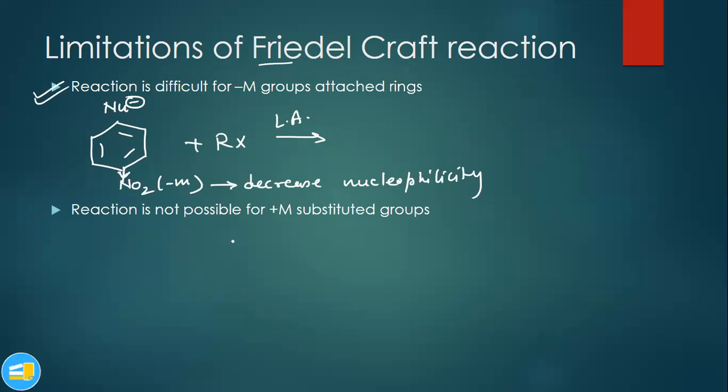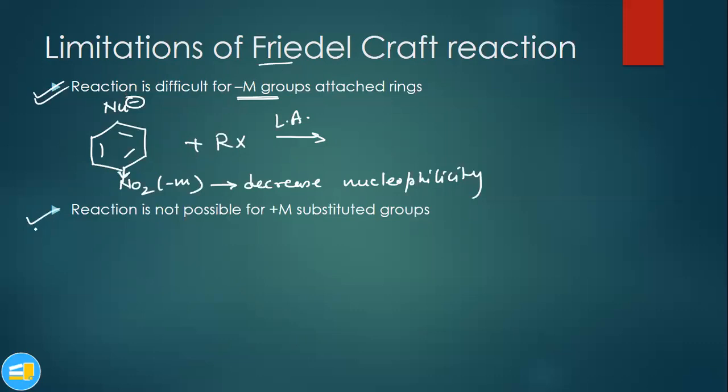Because this reaction is already not very fast, the aromatic ring is already aromatic, and the minus M group is pulling electron density away from the ring, which will not let the ring attack the electrophilic center. So in the presence of some minus M groups, the reactivity of the ring decreases and the reaction becomes difficult.